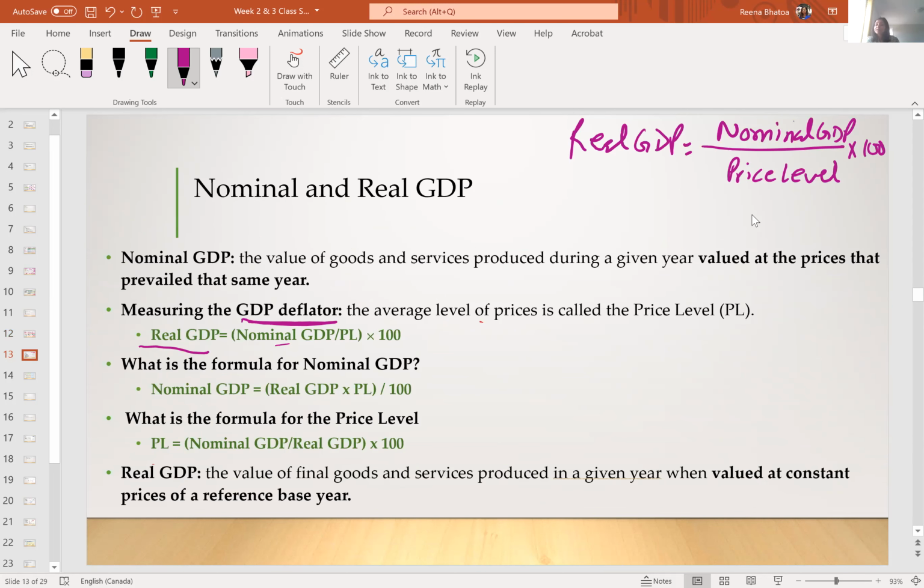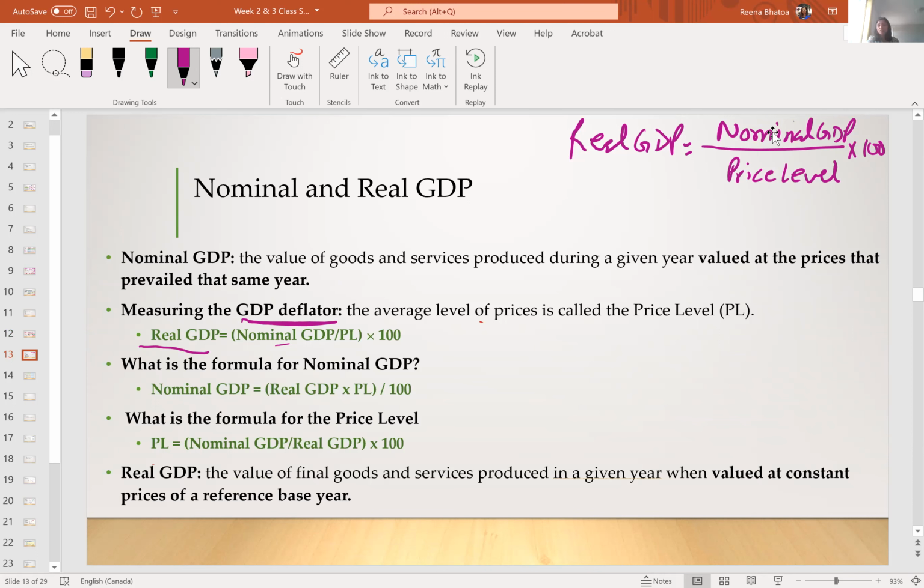So it's GDP deflator. Okay, we will calculate GDP deflator or price level in unit 3. So far just understand that price level is the average price level of all goods and services in the economy.